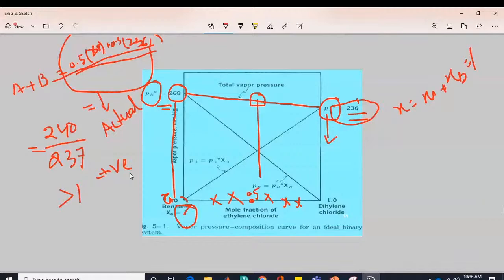Or in other words, at 40 degrees C the vapor pressure of water is 70 mmHg.